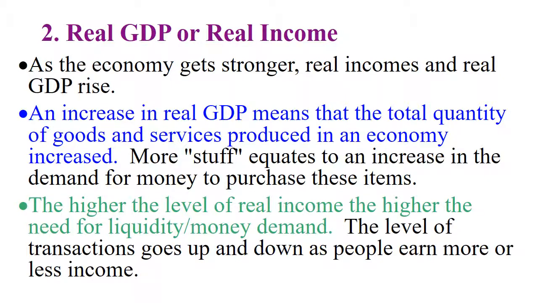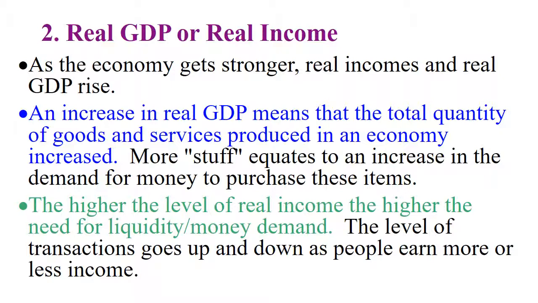R in RT stands for two different things, real GDP or real income. Both would shift money demand. As the economy gets stronger, as it grows, we're going to see both an increase in real incomes and real GDP. Real GDP is all about the total quantity of goods and services produced in an economy.